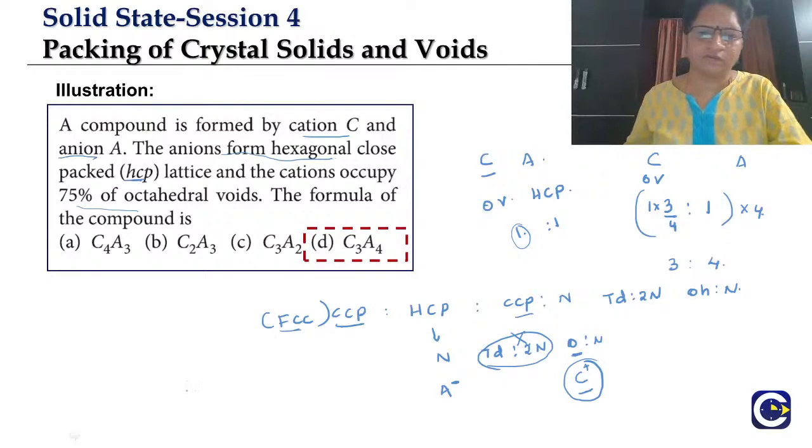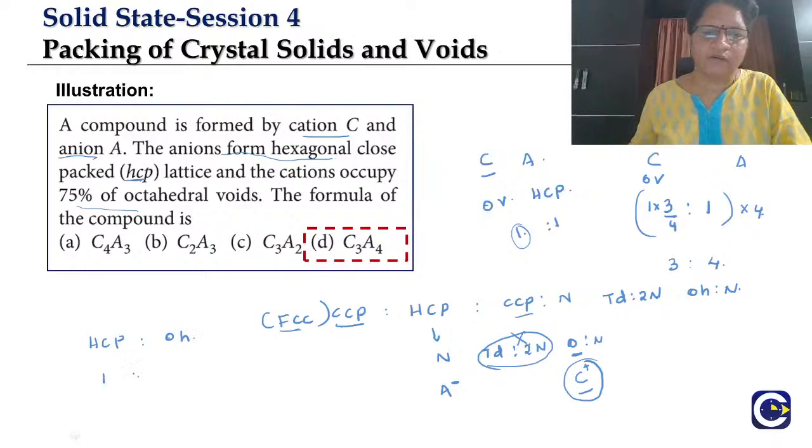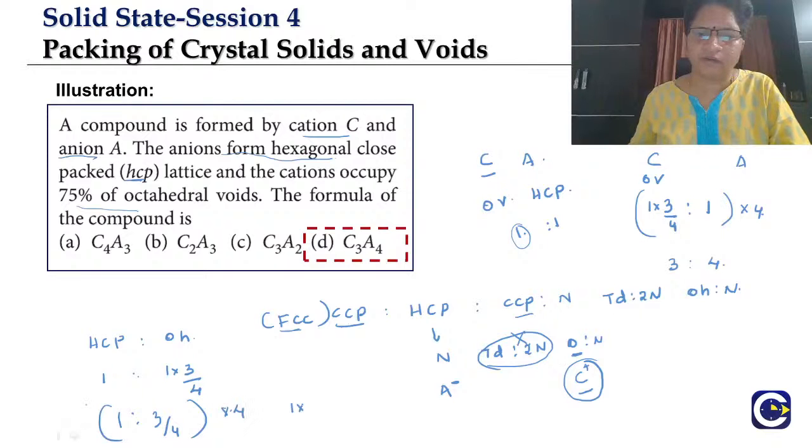So HCP is to octahedral voids is 1 into 3/4. So we'll get 1:3/4. 1:3/4 I cannot write, so I'm multiplying with 4. So it is 1 into 4 is to 3/4 into 4. So it will become 4:3. What is 4? Anion A is 4.